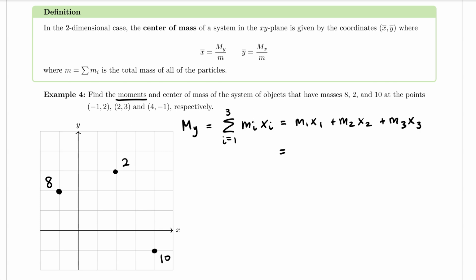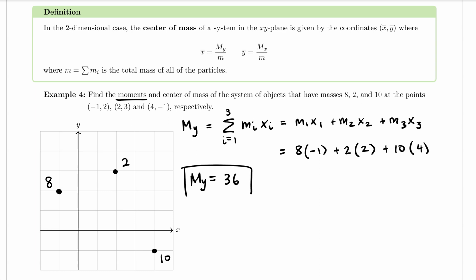And each of those things, let's see, the first mass is 8. The x-coordinate of the first mass is -1. Mass 2 is 2. The x-coordinate of the second ordered pair is 2. The last mass is 10, and that mass has an x-coordinate of 4. So if we simplify that, we get -8 plus 4 plus 40. And that is going to simplify to 36.